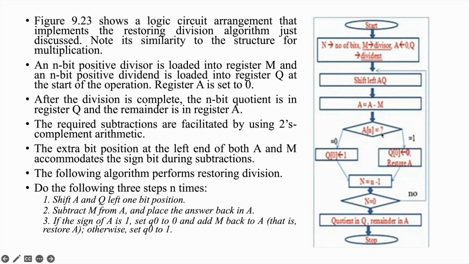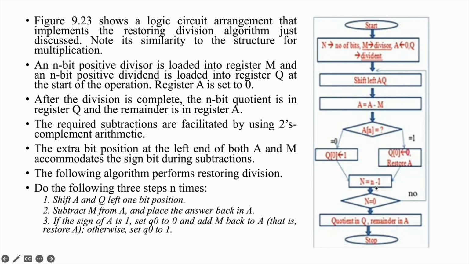So what is the nth bit of A? If the nth bit of A is 1, it means a negative value, so we take the quotient as 0 and we restore the value of A by adding the divisor to A. If the nth bit is 0, it means the result is positive, so we take the quotient as 1. So one loop is completed.